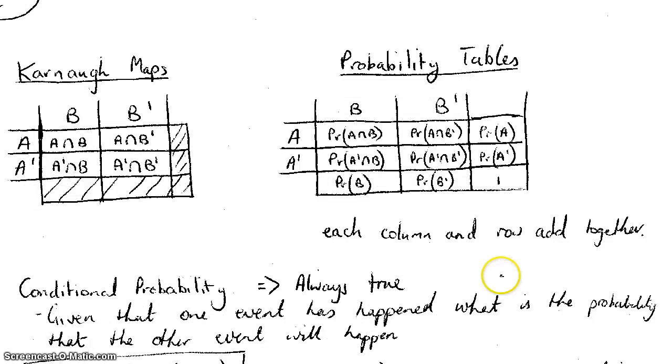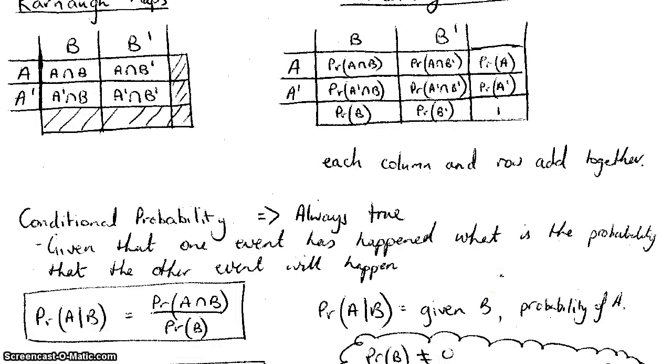Okay. The last thing I want to go through with you for this video is conditional probability, and we've looked at this in another space, but we need to have a look at it here. And this is one of those rules that always works as well. Conditional probability means that given that one event has already happened, what is the probability that the other event will happen?